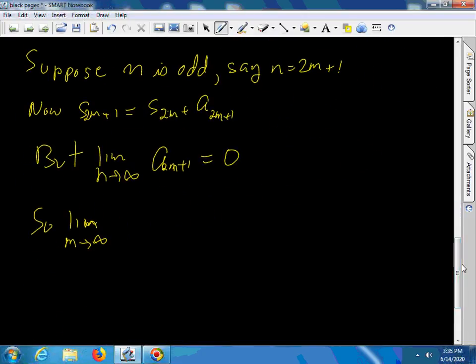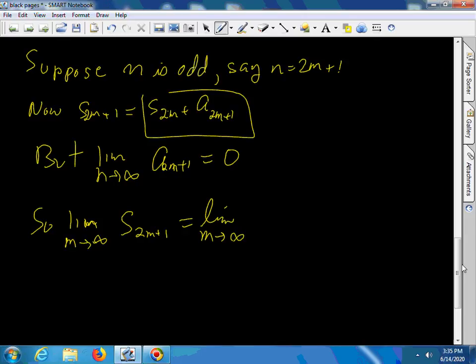So the limit as m goes to infinity of s2m plus 1 is equal to the limit of s2m plus a2m plus 1. But limits distribute over a sum.